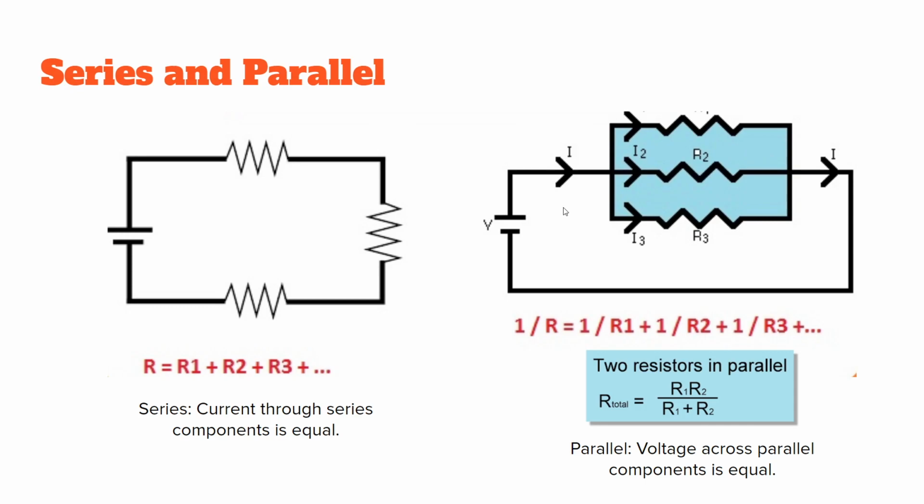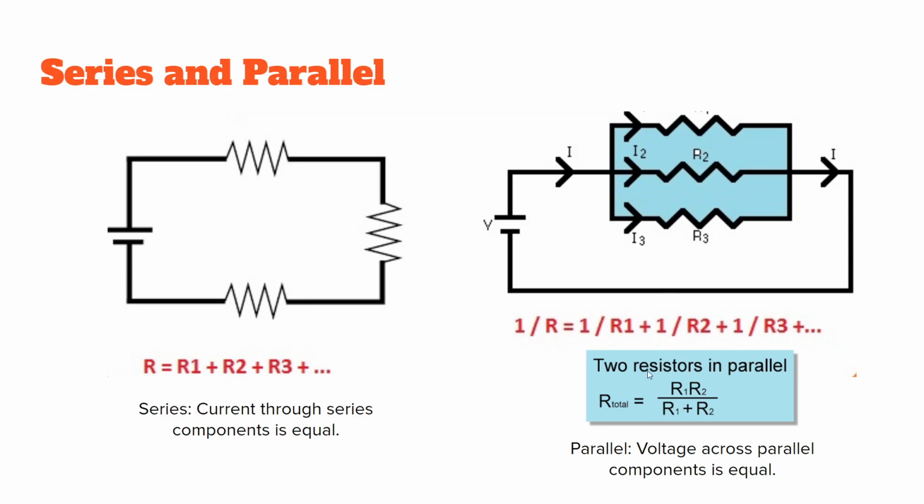So these are called in parallel, and we have a formula to calculate the equivalent resistance of all of this, if we wanted to replace this with just one resistor. And that is this formula here. It looks a lot like this one, but all of the terms have a 1 divided by in front of them. So 1 divided by R is equal to 1 divided by R1, you can't see that, but that's R1, plus 1 divided by R2 plus 1 divided by R3.